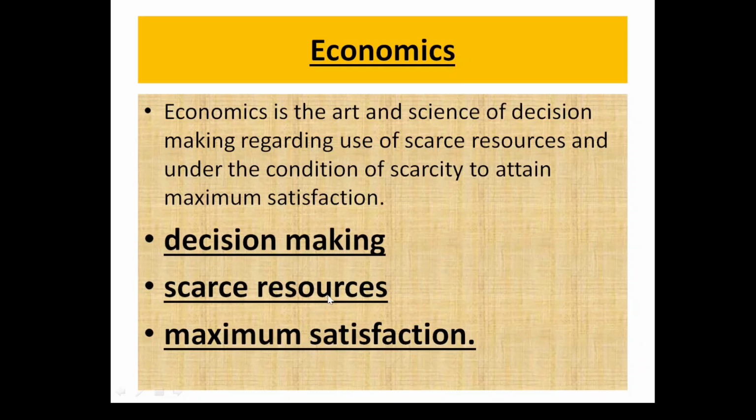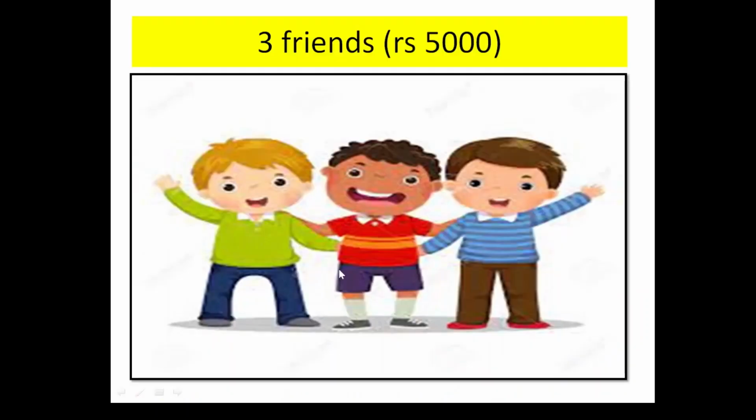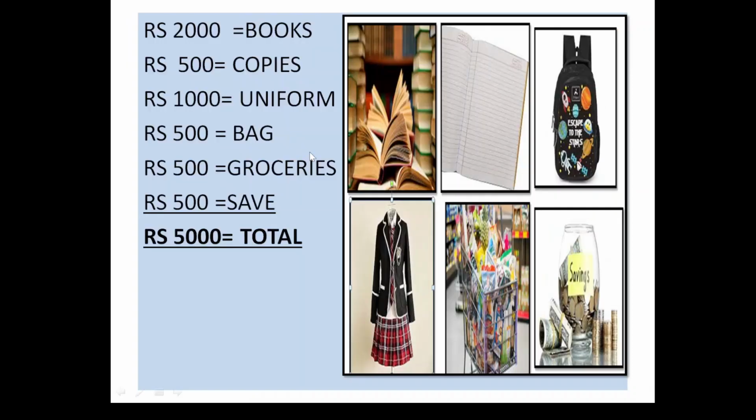Let us understand this definition in a more precise way. I am considering an example. There were three friends, as you can see on the screen. They had all passed class 8th and got promoted to class 9th. In order to join the new session, they had got rupees 5,000 each from their respective families.